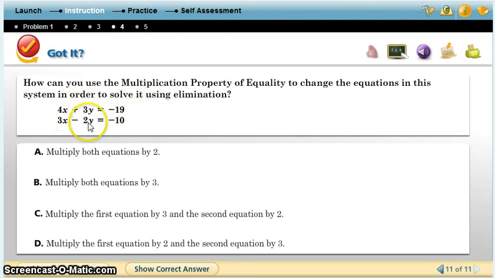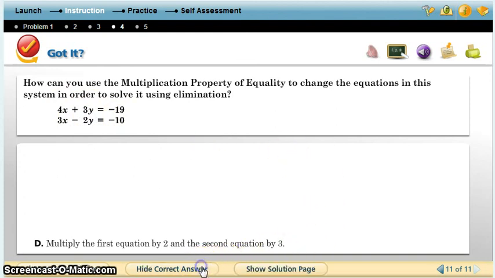So decide, what am I going to do to actually begin making these look the same? Either my x's are going to be the same or my y's will be the same. Now, hopefully you've thought through that, or maybe you've paused the video. The correct answer is going to be D. You're actually going to multiply this first equation by 2 and the second equation by 3.